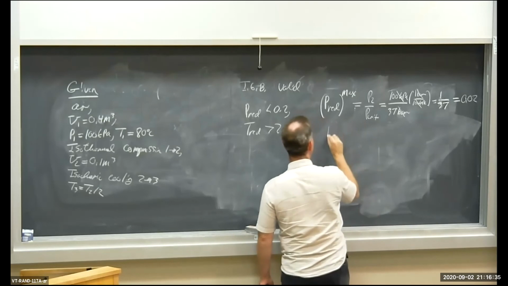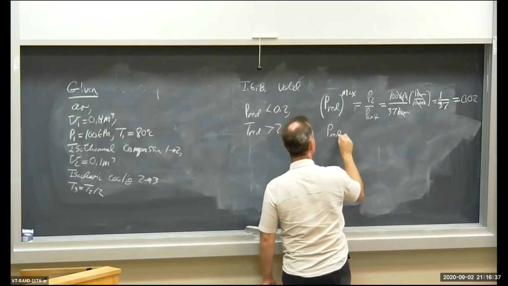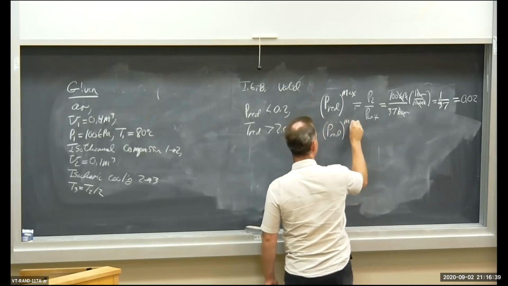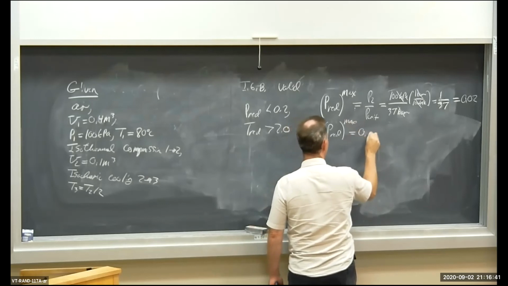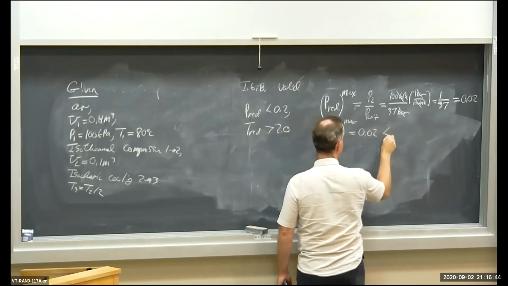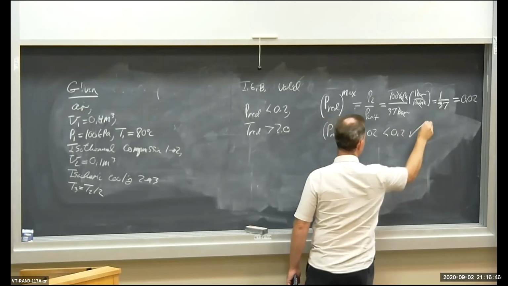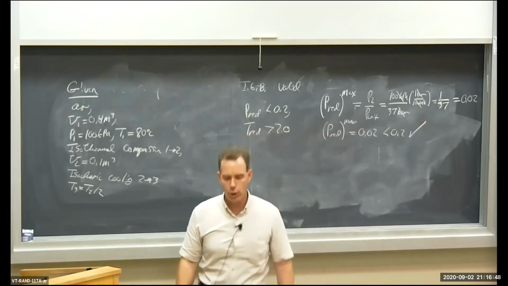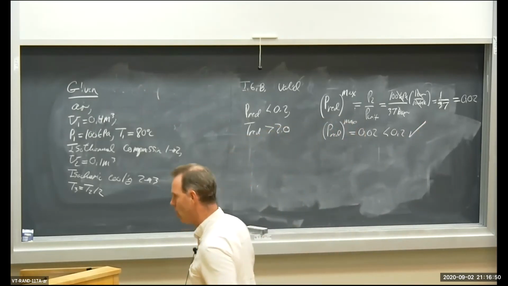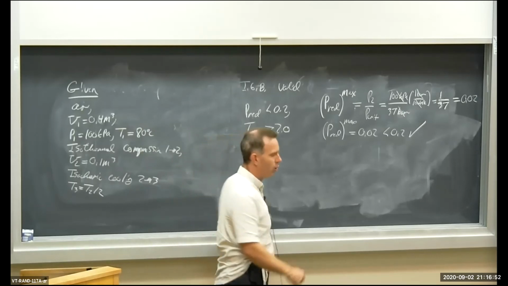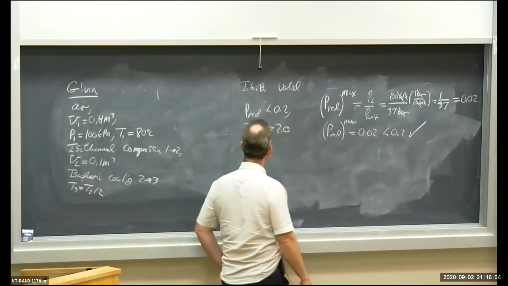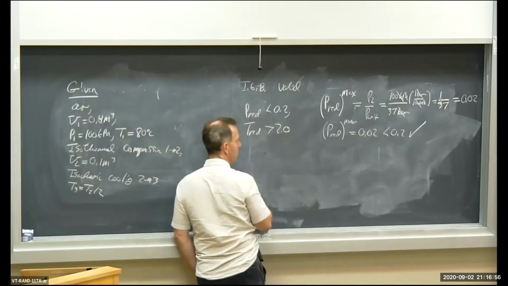So P reduced max is equal to 0.02, which is definitely less than 0.2. Put a check there. First check on the validity of ideal gas over our process. Looks good.